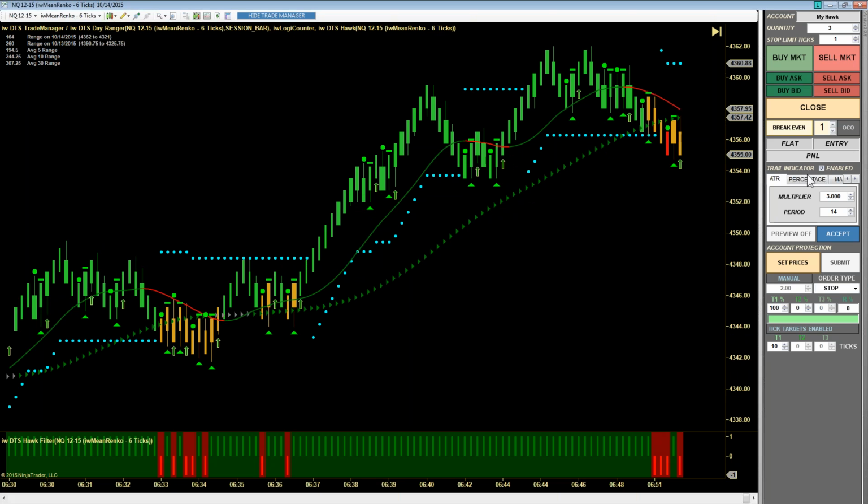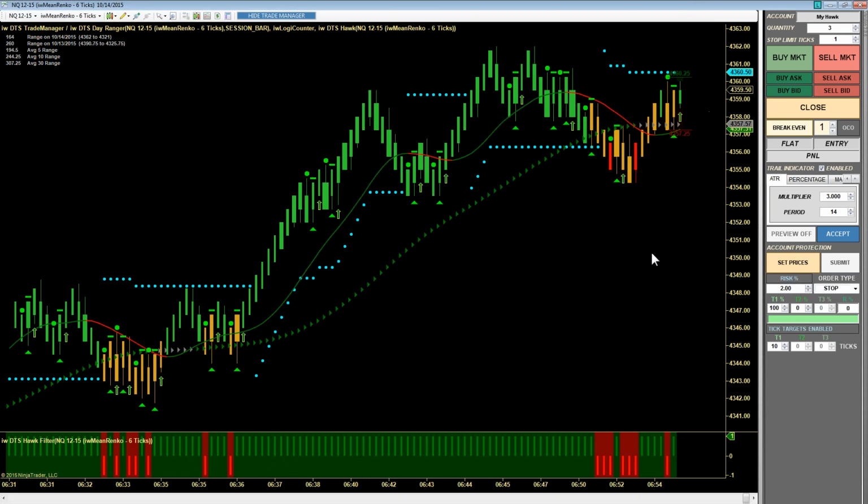So Trade Manager controls your risk for you automatically. This cannot be overstated, because by not controlling your risk, that's how 90% of traders blow up their trading accounts. Risk is the only thing that you have control over. You don't have control over the reward side.